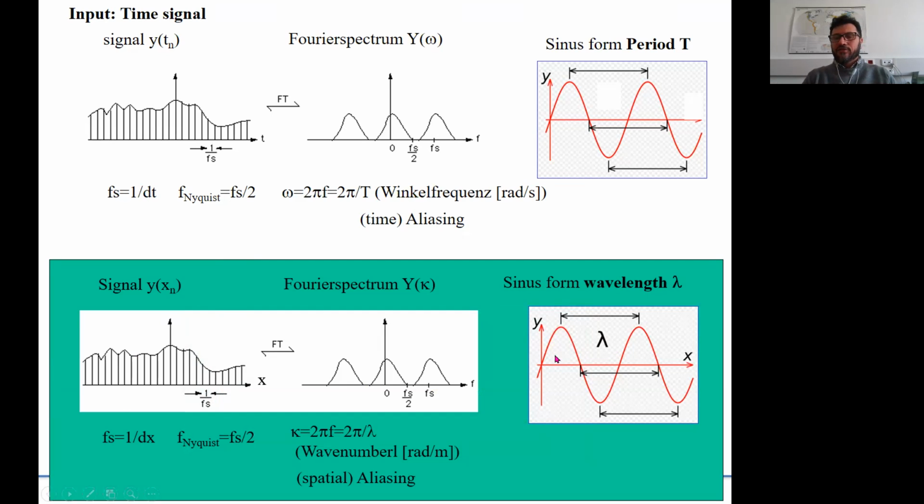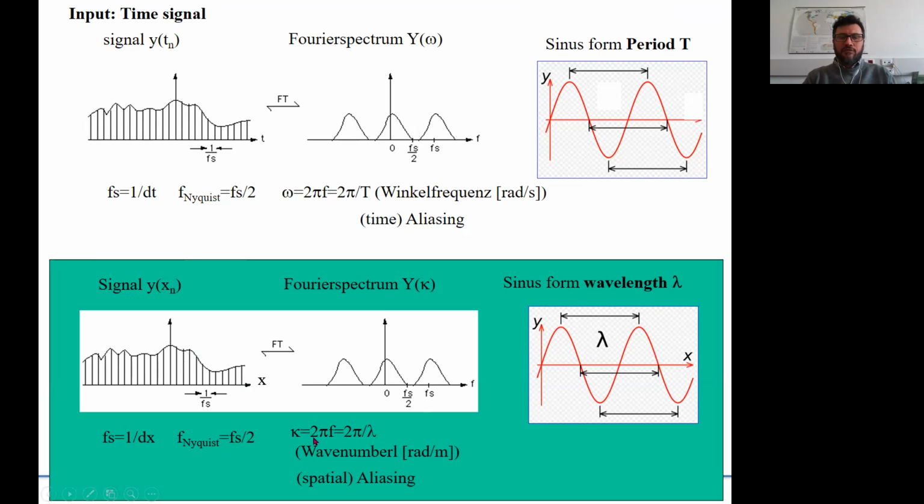And if we look at the amplitude of shaking at a fixed time, but for different positions x, then we will no longer have the period, but what we call the wavelength of a signal. So the wavelength is equivalent to the period in the time domain.